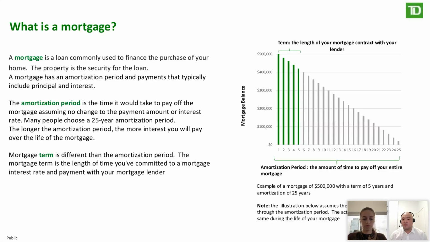At the end of your term, you would have 20 years left to pay off the mortgage. At that time, you could refinance your mortgage to reset the conditions of your loan, or you can just renew the mortgage with the same bank and carry on for the remainder of the last 20 years, picking a new interest rate and term and carrying forward with the loan.